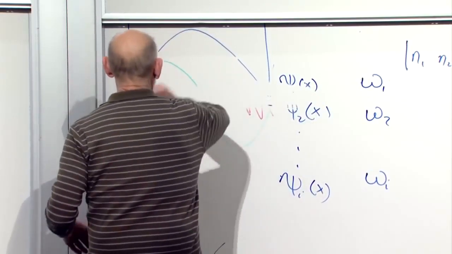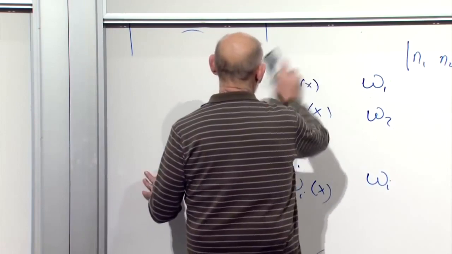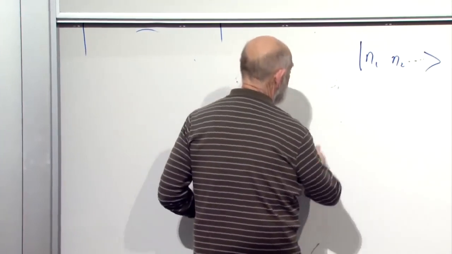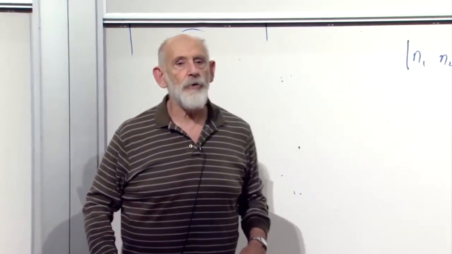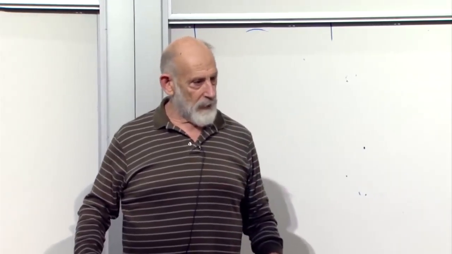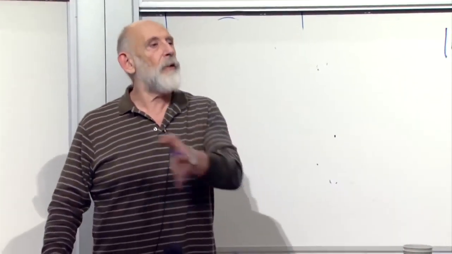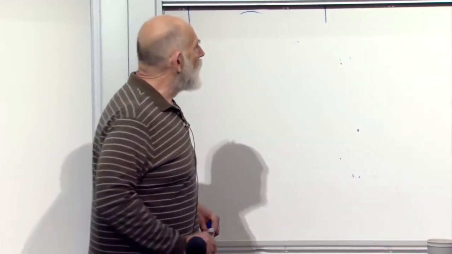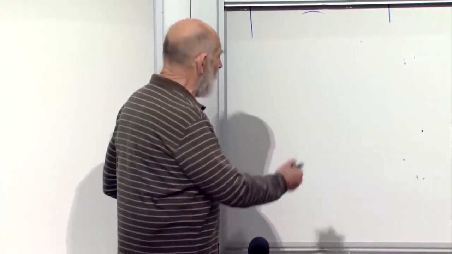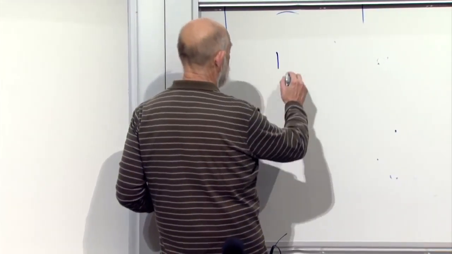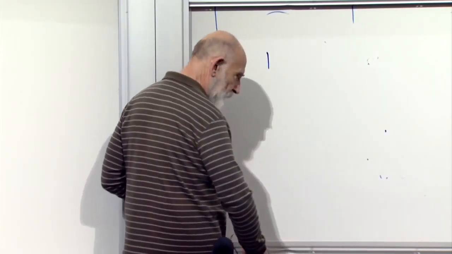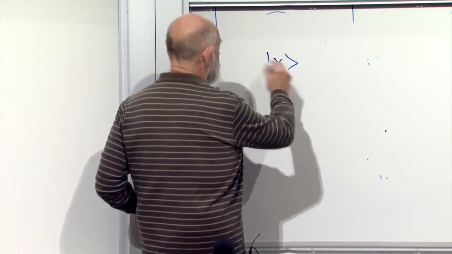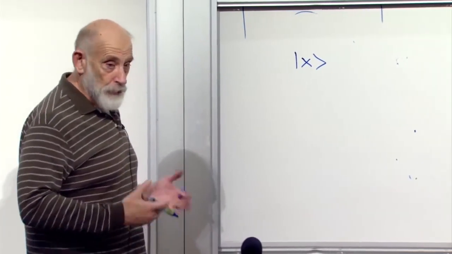Okay, so here's what we're going to do. Let's take single particle quantum mechanics, one particle quantum mechanics to begin with. In other words, forget all this fancy stuff with oscillators, just the good old quantum mechanics of a single particle. There's a complete set of states. The complete set of states are the position states, states where the particle is located at position x.